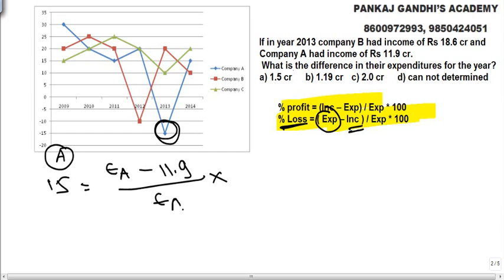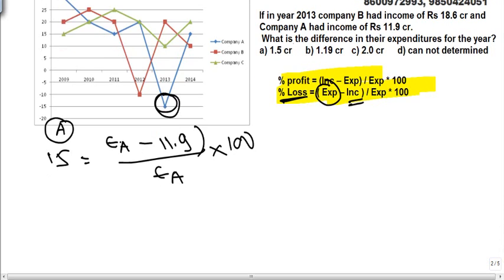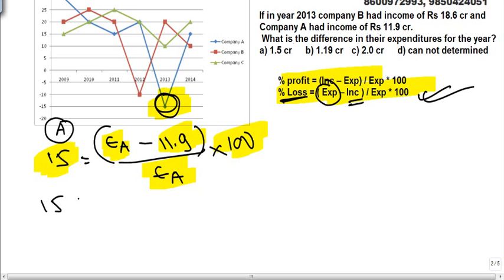I want the expenditure, profit or loss. So let's quickly check it. Because A made a loss, expenditure is more, income lesser, divided by expenditure. The formula is already given, we already know it.